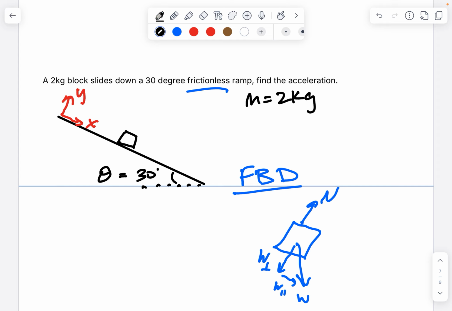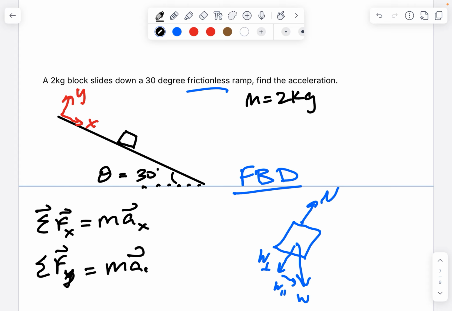So let's write our equation. Sum of forces in the x direction is equal to mass times acceleration in the x direction. I'm choosing x direction because the box slides down the ramp, which is in the positive x direction. I can write the same formula for the y direction, but there are no forces causing acceleration there. Actually, let's work that out real quick. Sum of forces in the y direction is equal to mass times acceleration in the y direction.